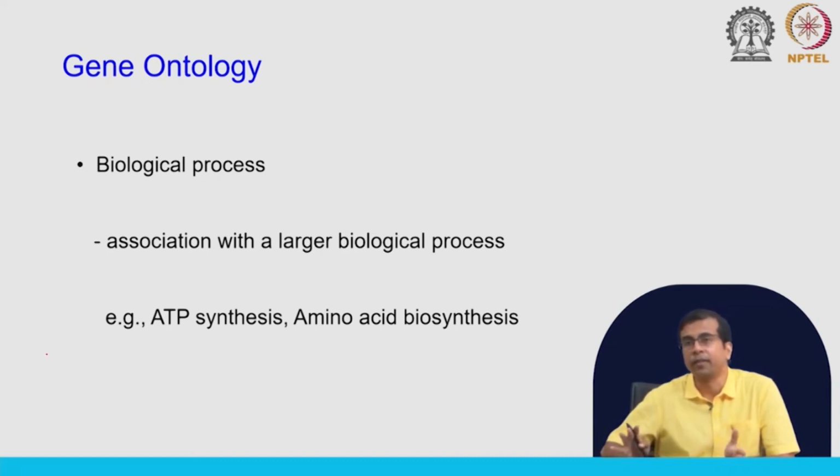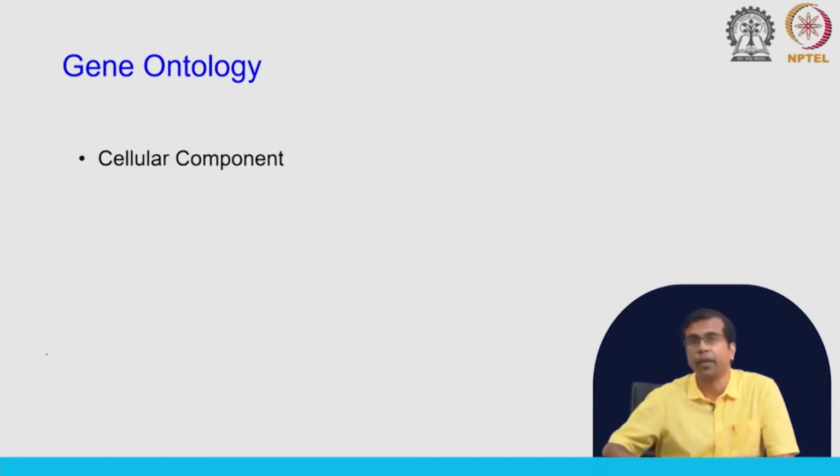So, these associate a gene with a larger biological process, and depending on your requirement, depending on your analysis, whether you are interested in the actual molecular function or you are looking at the larger biological picture, you will choose the type of sub ontology. Okay. And the last one is the cellular component, right.